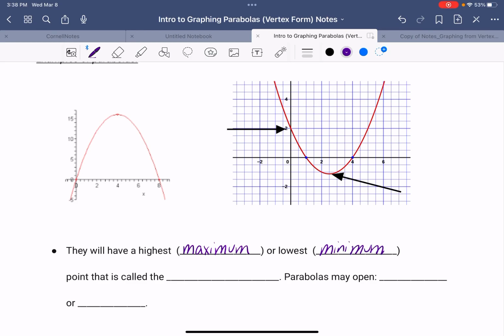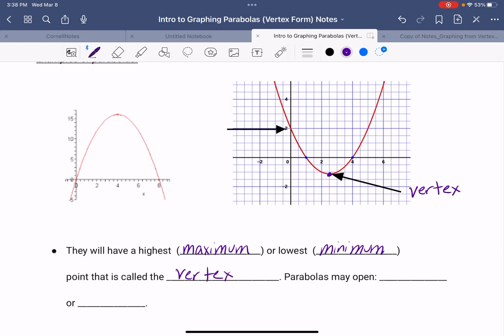And I gave you a hint, the point that is called the vertex. Okay, so you can come over to our graph here up in the right, and I want you to write vertex right here. Let's label this point right here, okay?